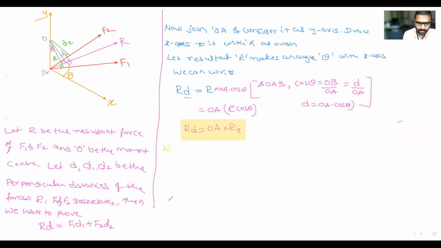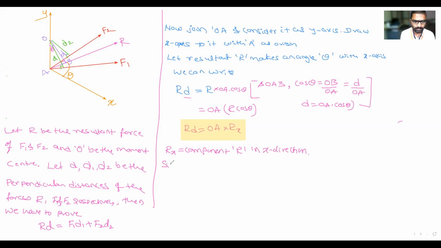So here you can write, what is Rx? Rx is equal to the component of force R in the x direction. Clear, everyone?